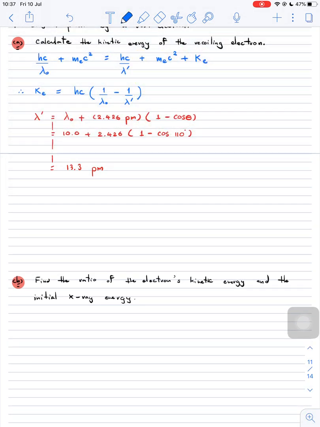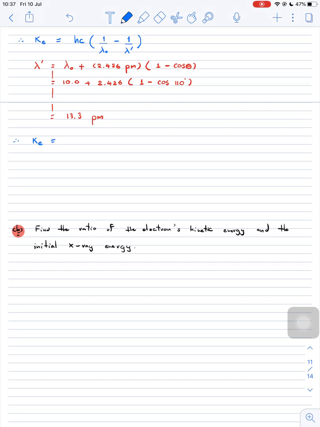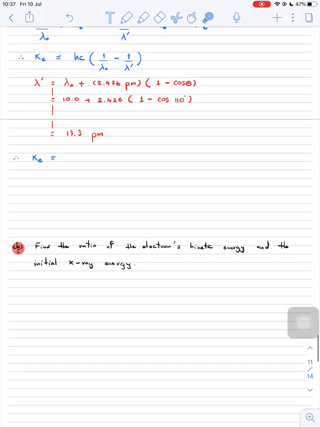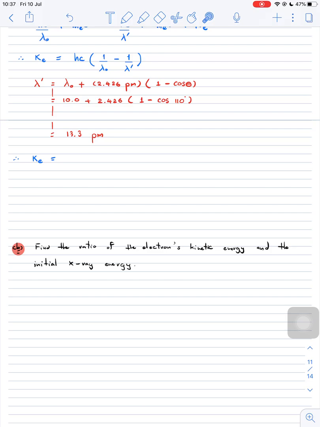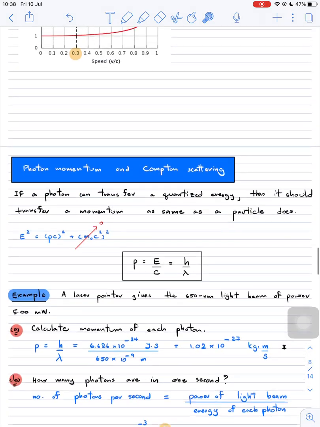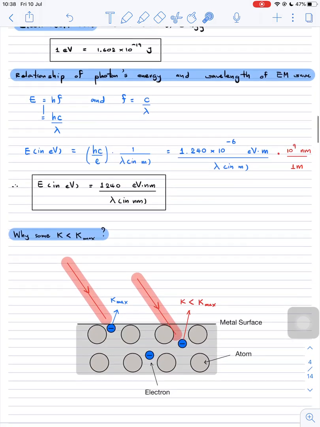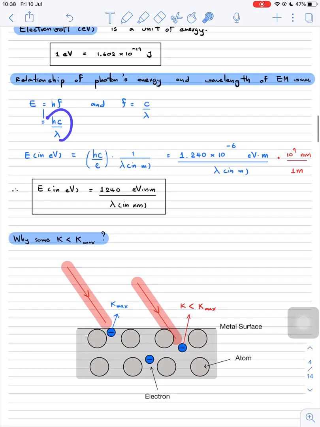And then the kinetic energy of the electron is going to be equal to, now you need to be careful about the unit. We have hc over lambda, which looks familiar. Remember we have this relationship: hc over lambda equals 1240 electron volt nanometer over the wavelength in nanometer.